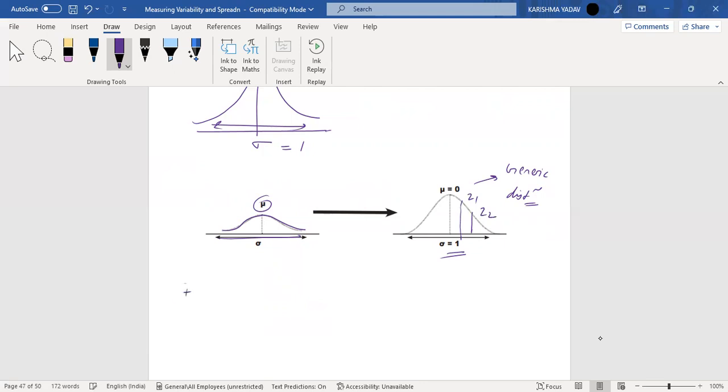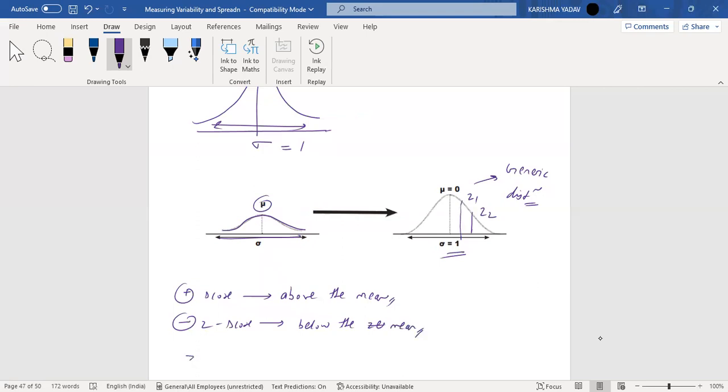Whenever we have a positive z score, it means that your value is above the mean. A negative z score means that the value is below the mean.